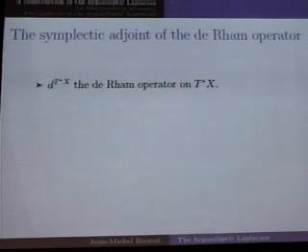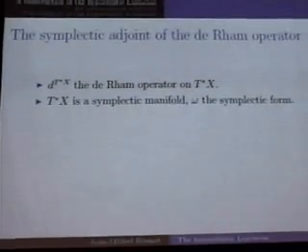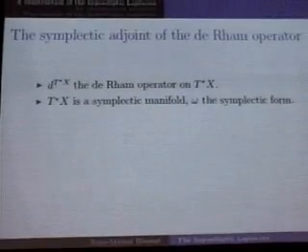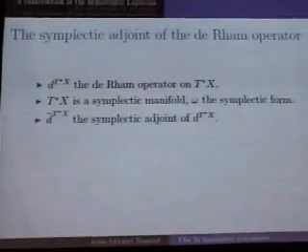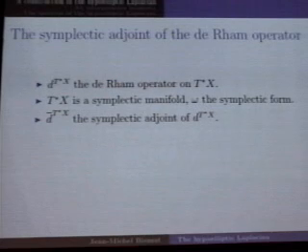So you look at the de Rham operator on the cotangent bundle, d on T*X, and I note that T*X is, of course, a symplectic manifold. So once you have a symplectic manifold, you can introduce the symplectic adjoint, in the same way that when you have a metric, you have the L2 adjoint.